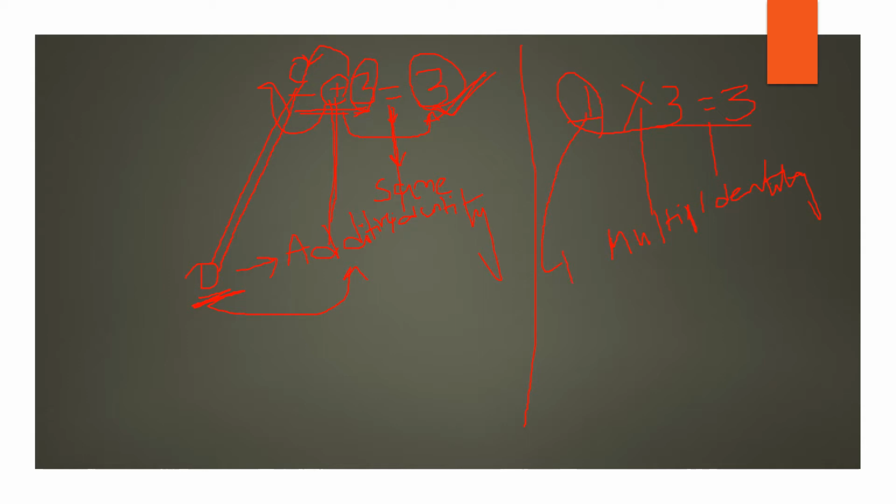So 1 is called the multiplicative identity, whereas 0 is called the additive identity. Simple, children. Additive identity: if you add 0 to any number, it gives the same number. For multiplicative identity, what number multiplied by 3 gives 3? It is 1. So multiplicative identity is 1, whereas additive identity is 0.